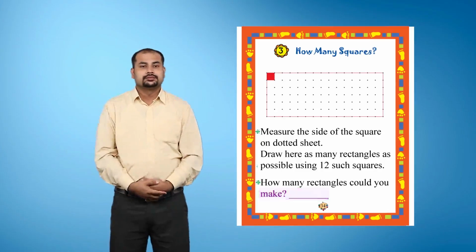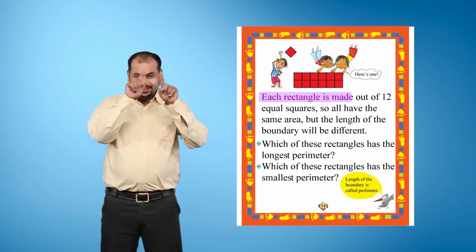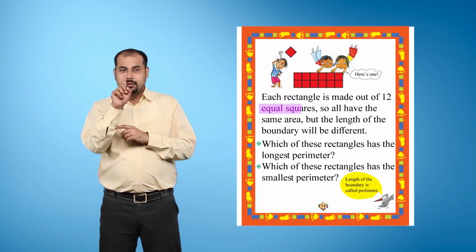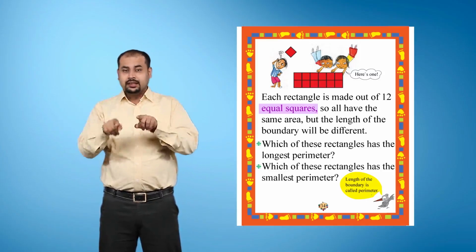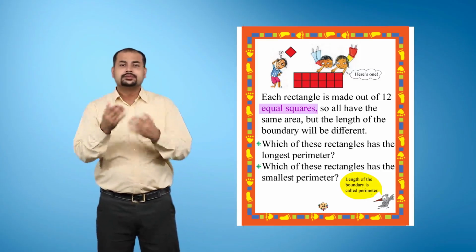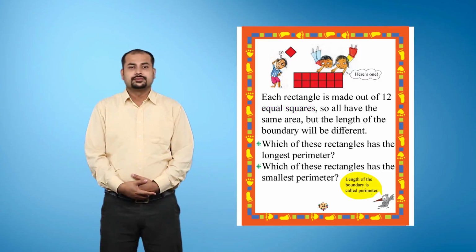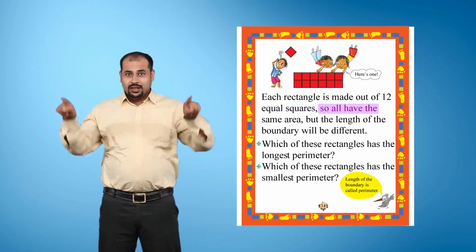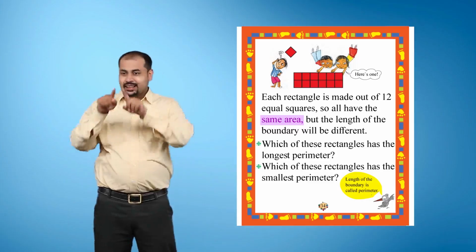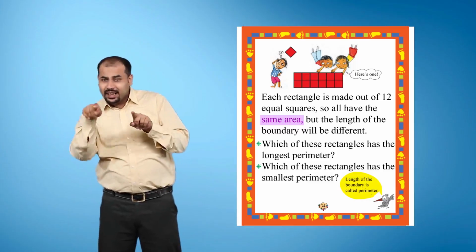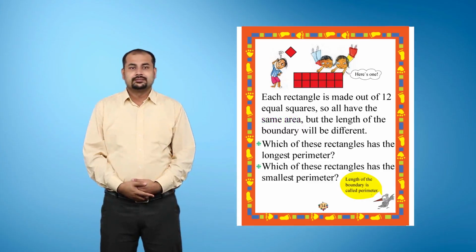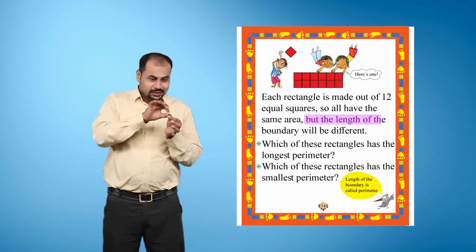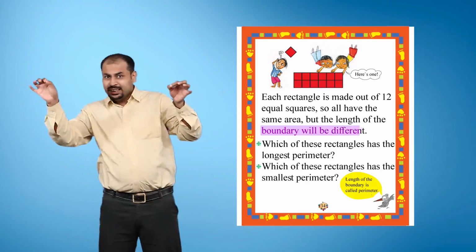Each rectangle is made out of 12 equal squares. So all have the same area. But the length of the boundary will be different.